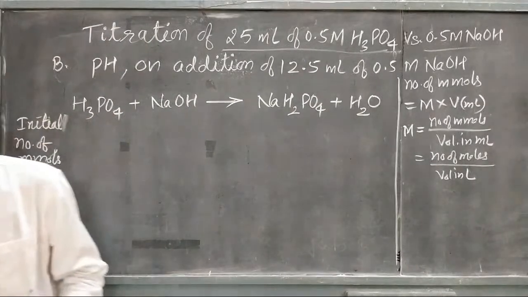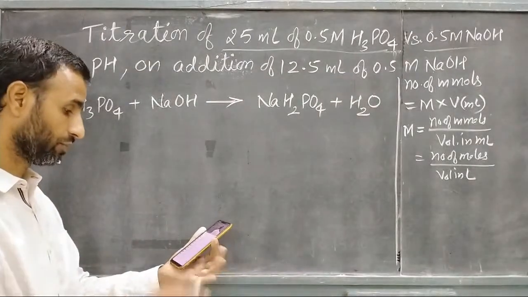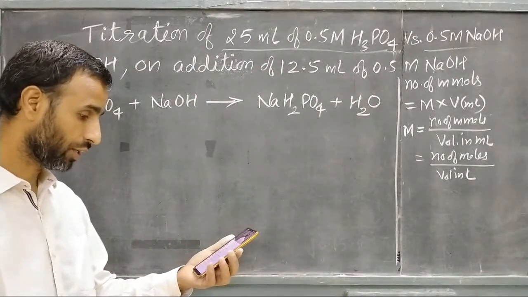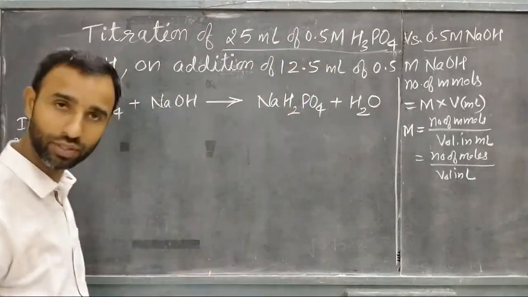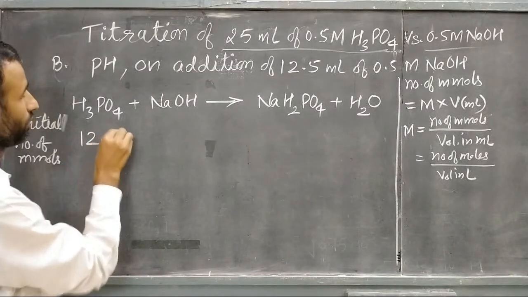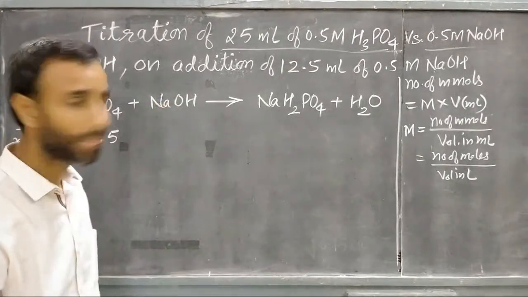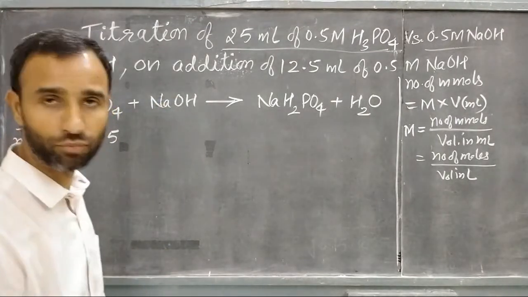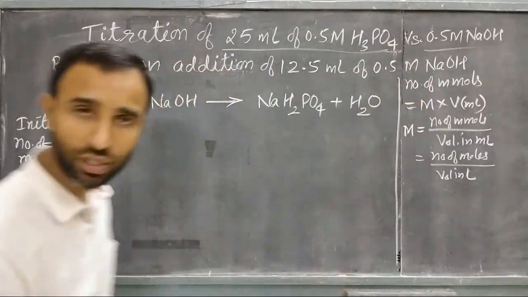So tell me, millimoles of H3PO4. Very good, Raj, Pari. Good. 25 into 0.5, so it is 12.5. Right? Now sodium hydroxide. We add 12.5 ml of 0.5 molar sodium hydroxide.